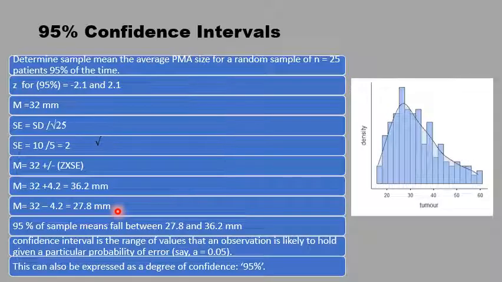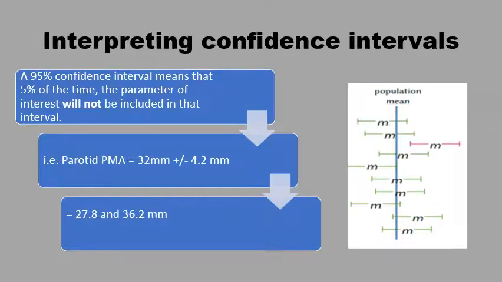95% of the time. So this can be expressed as the degree of confidence is 95% because we have used 2 z-scores above and 2 z-scores below the mean. And this is exactly the basis for the concept of confidence intervals.